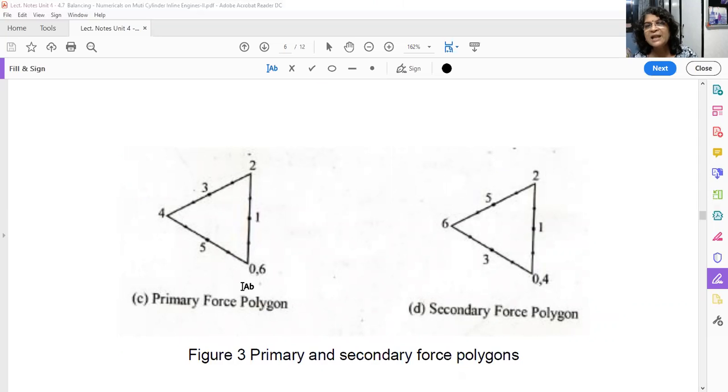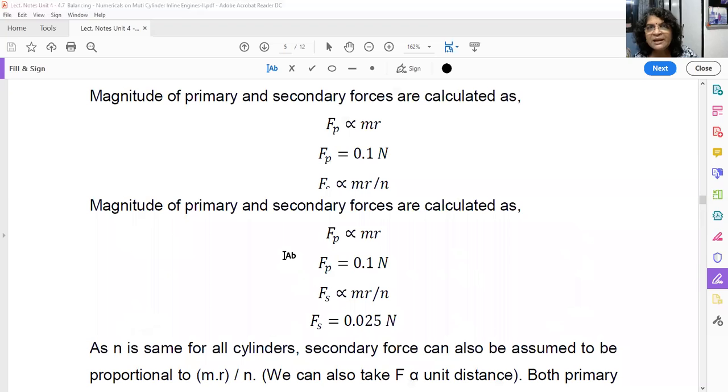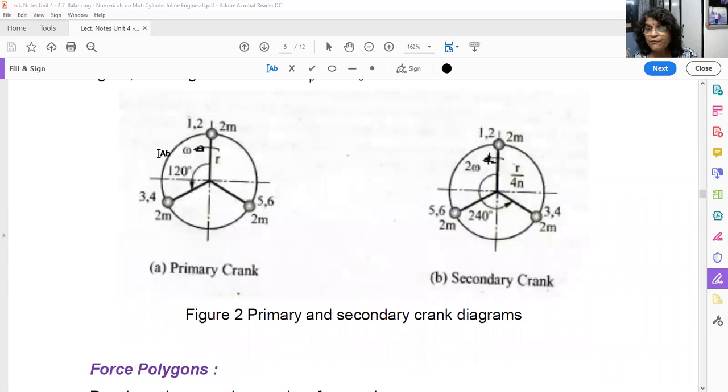So starting here, this is your initial point, that is the pole. Now let us see cylinder number 1, cylinder number 2. Both are in the same direction. So this is your 0.1 Newton, this is our 0.1 Newton, and both are in the vertically upward direction because this is our primary crank diagram. See, in force polygon there is no positive or negative.